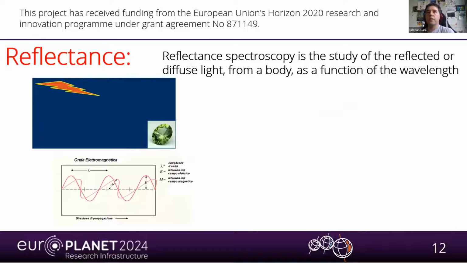In particular, entering much more in detail about the reflectance, that is the technique where we have a higher number of data sets for the different bodies that are studying the planetary surfaces. We just have to record the study of the light that is reflected or diffused, or if you want, scattered from a body as a function of the wavelength.